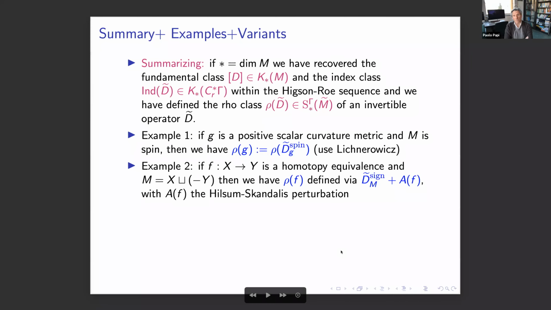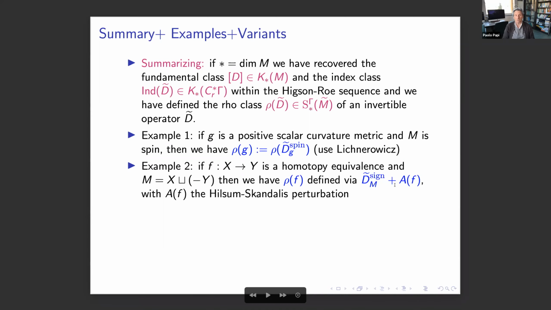Another one is the following. Take two oriented manifolds and an orientation preserving homotopy equivalence, and take the union of these two manifolds. Then we know that the signature operator on the covering of M can be perturbed to be invertible.